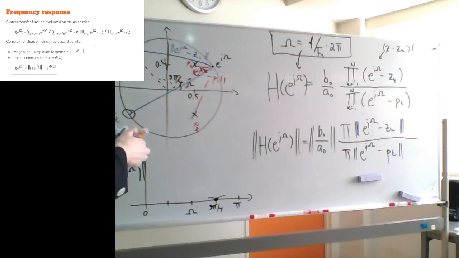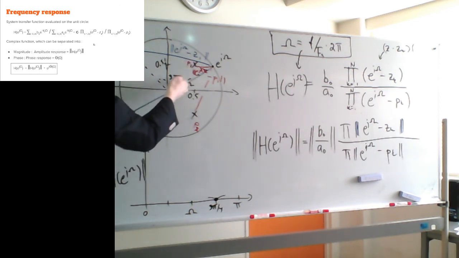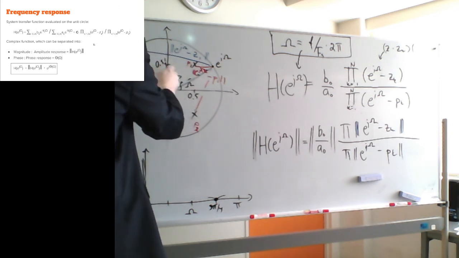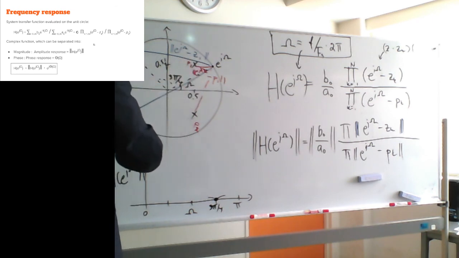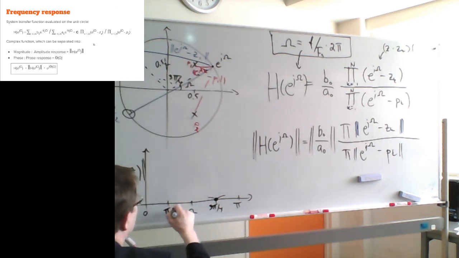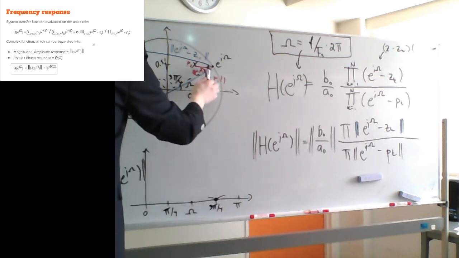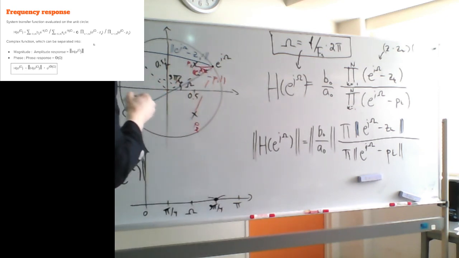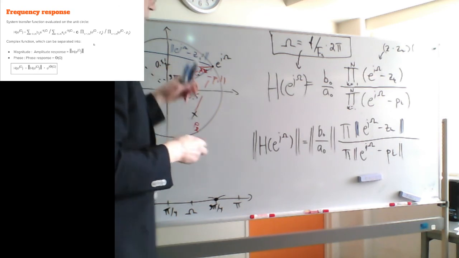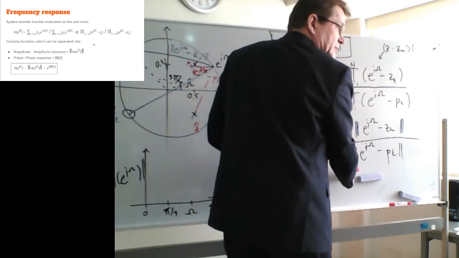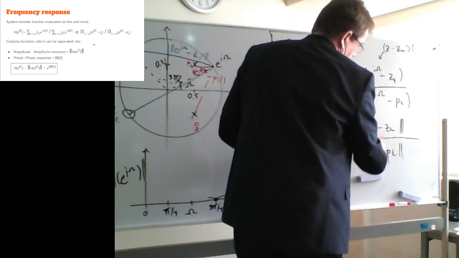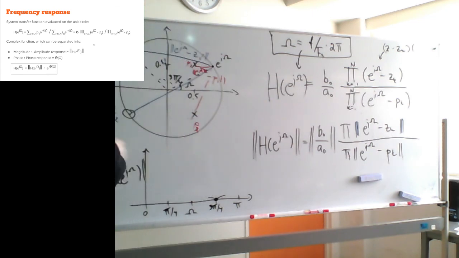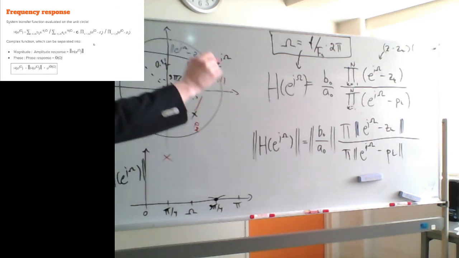On the opposite side, at the pi over 4 angle, since this is 0.5 and 0.5, the angle is pi over 4, we are in close distance to this pole, which means this goes to minimum. When this goes to minimum, basically the whole thing goes to maximum. So we have a local maximum right here.